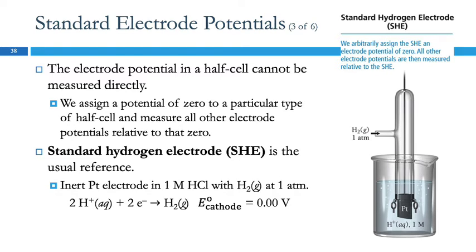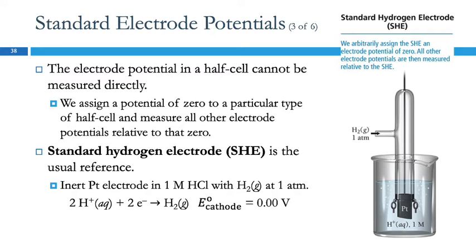Well, electrode potential in a half cell is not something that can be directly measured. And so this is another place where we decided what we were going to call zero. So we assign a potential of zero to a particular type of half cell, and then we measure everything else relative to that.